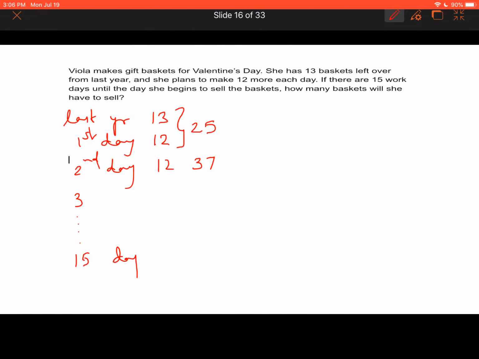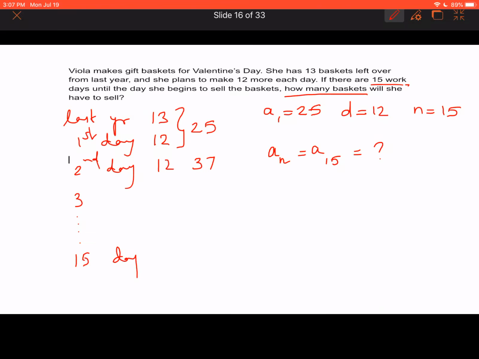Okay, so from this I'm able to deduce that A1 equals 25 and D equals 12 and N equals 15, right? And I want to find how many baskets she will have at the end of 15 working days. That means I have to find the value of AN, that is, here it is A15.